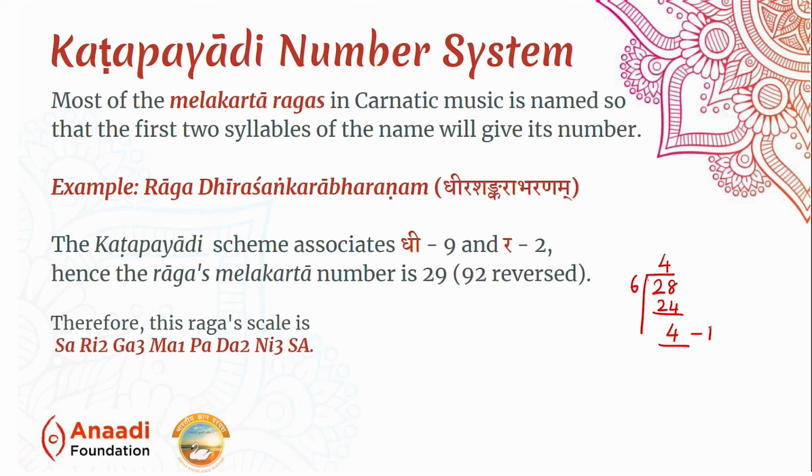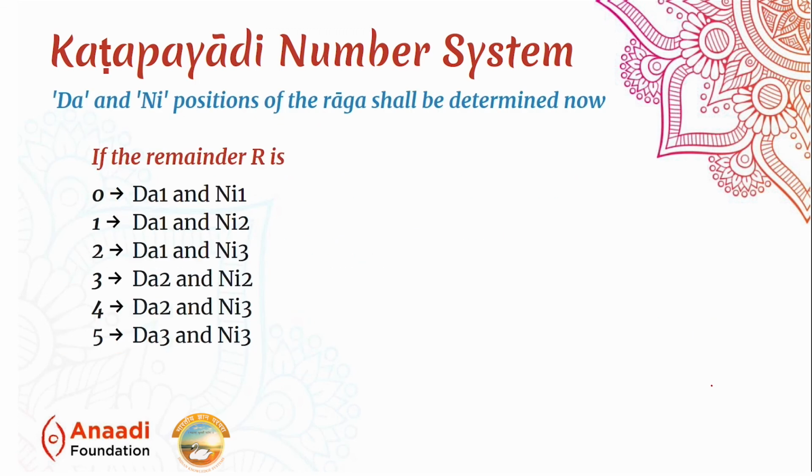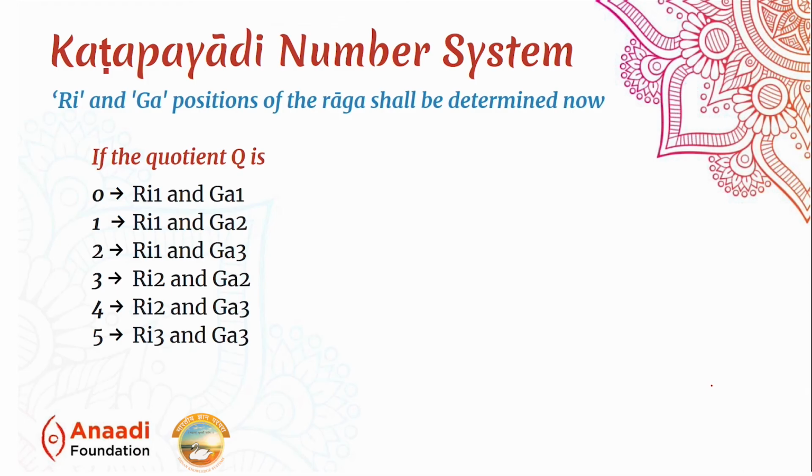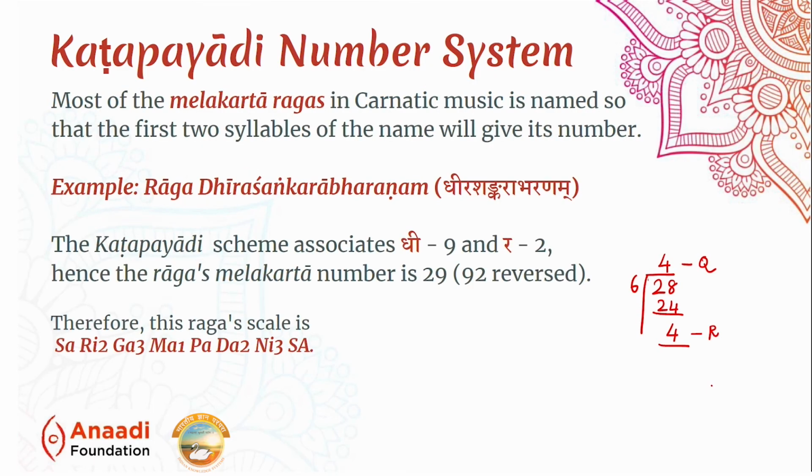So, this is the remainder and this is the quotient. If the remainder is 4, then we have Dha 2 and Ni 3. If the quotient is 4, we have Ri 2 and Ga 3. We'll check. This has Ri 2 and Ga 3 and Dha 2 and Ni 3. So, this satisfies.